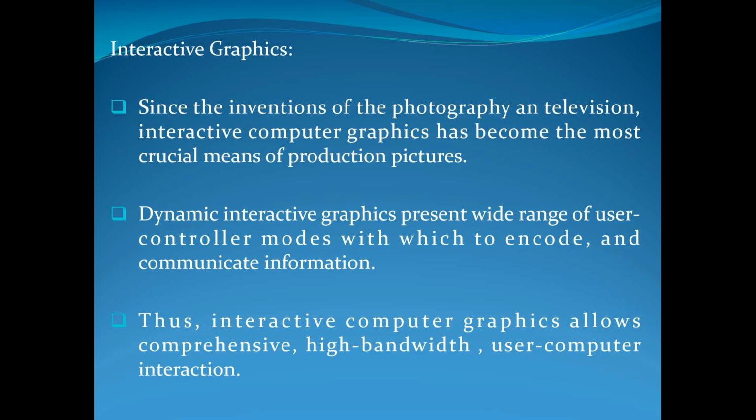For example, regulating the animation by varying the speed, getting only a specific portion of the total scene in view, and so on. With motion dynamics, objects can be moved and dropped with respect to a stationary observer. The flight simulator can be considered an apt example for this. Interactive computer graphics allows comprehensive high bandwidth user computer interaction.